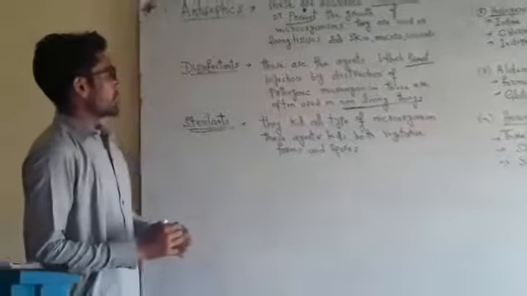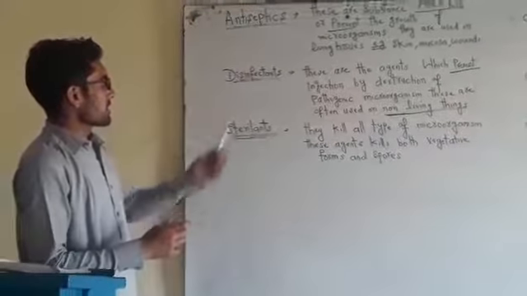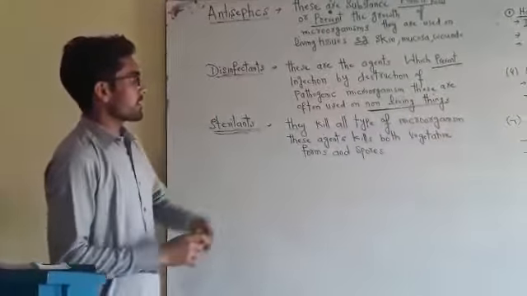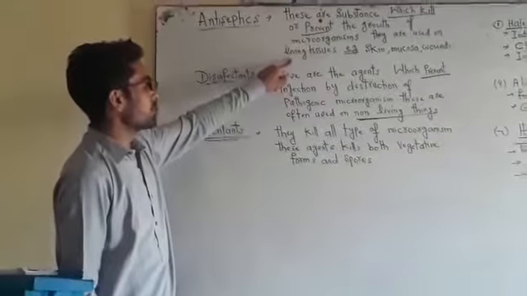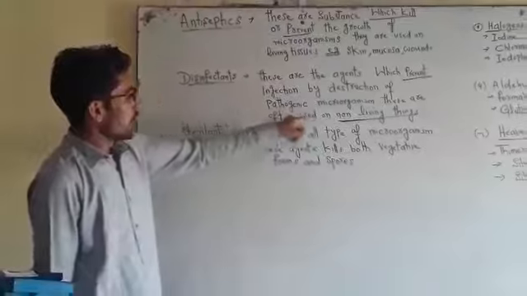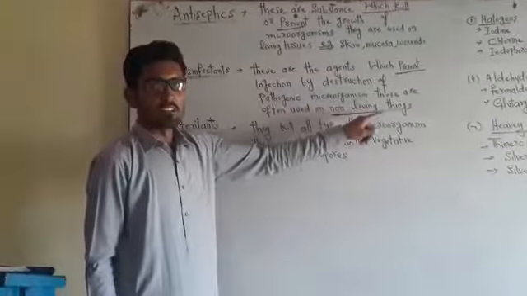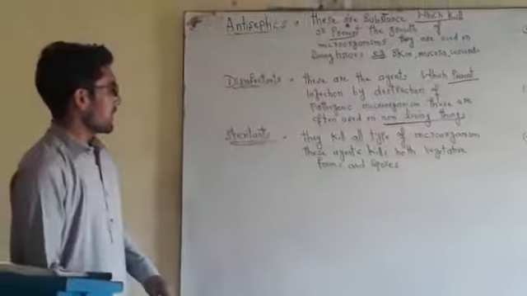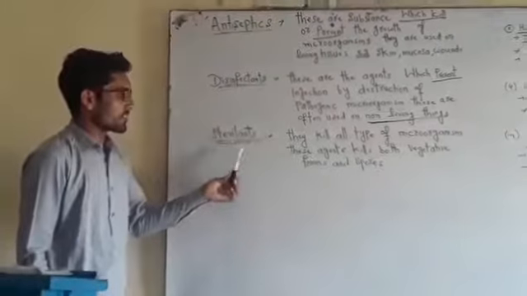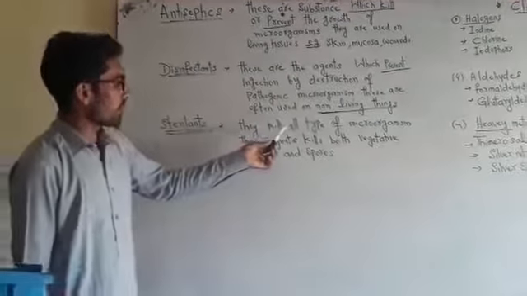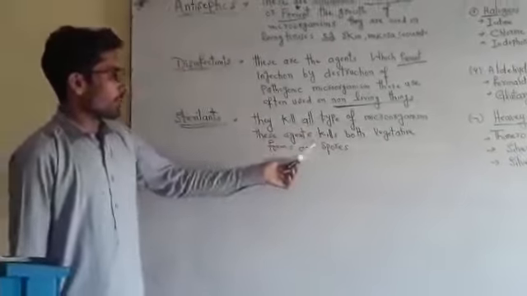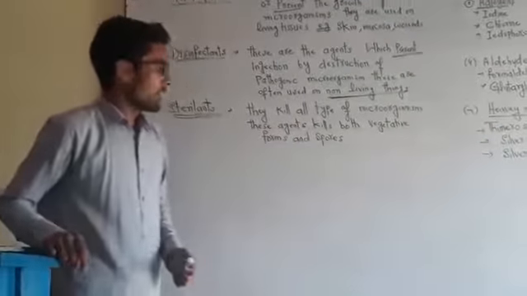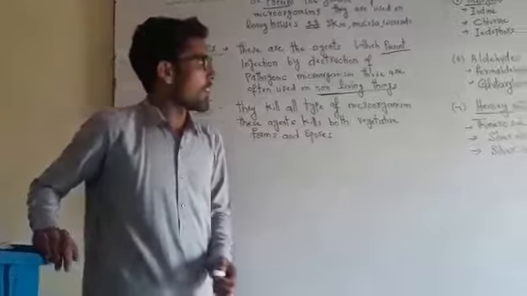So the main difference between antiseptics and disinfectants is that antiseptics are used on living tissues while disinfectants are used on non-living things. And the last one is sterilants. These cause killing of all types of microorganisms. These agents kill both vegetative forms and spores.